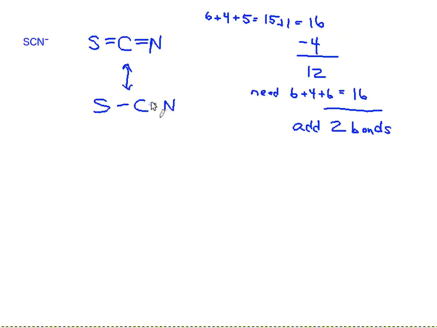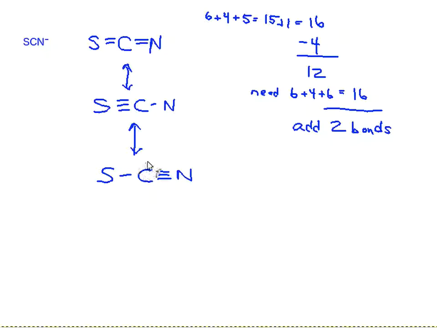I could have added both right here, and my final choice would be to add those 2 bonds between the carbon and the nitrogen. Those are all my choices, and these are going to be the framework for all of my resonance structures.